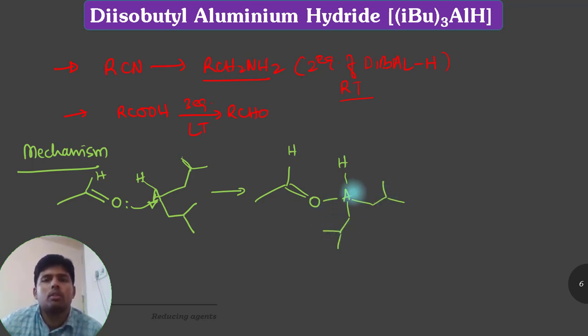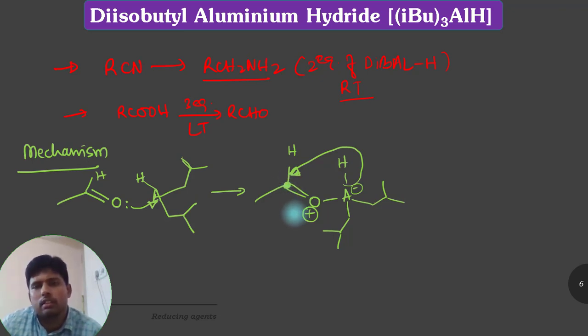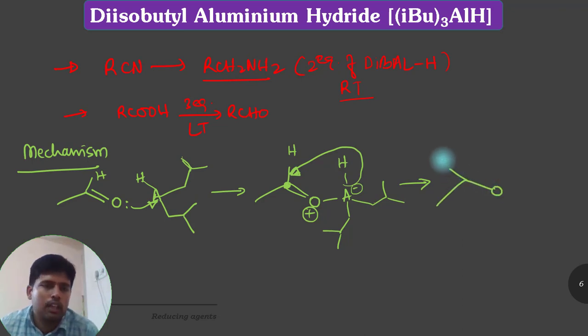It will carry negative charge on aluminum now and positive charge on oxygen. So this negative charge on aluminum actually can trigger this migration of hydrogen from aluminum to carbon. This carbon is electrophilic. So this reaction now results in shifting of this bond also. So it will essentially be forming O-hydrogen. This extra hydrogen, whatever is there now, is going to be from DIBALH. So this was that hydrogen.